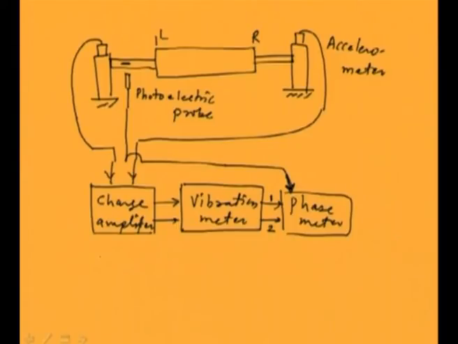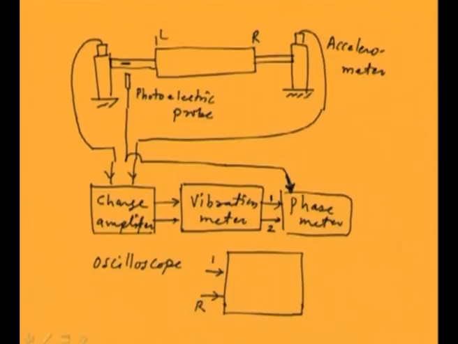This can also be done on the oscilloscope. Oscilloscope is something like this. Let us say we give signal 1, and we give the reference signal. This is the reference signal, and this is the response. The reference signal will be something like this, and because of the phase marker which we have kept here, it will have some distorted position in all the signals. So this particular mark corresponds to the tape.